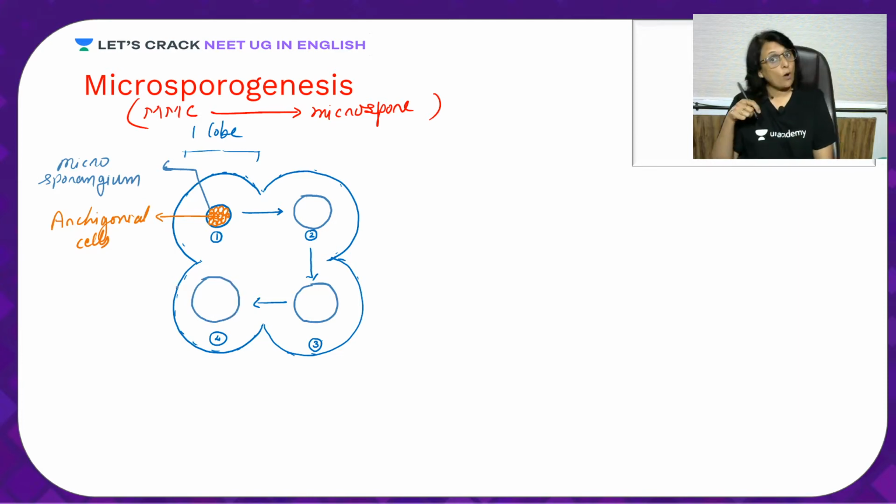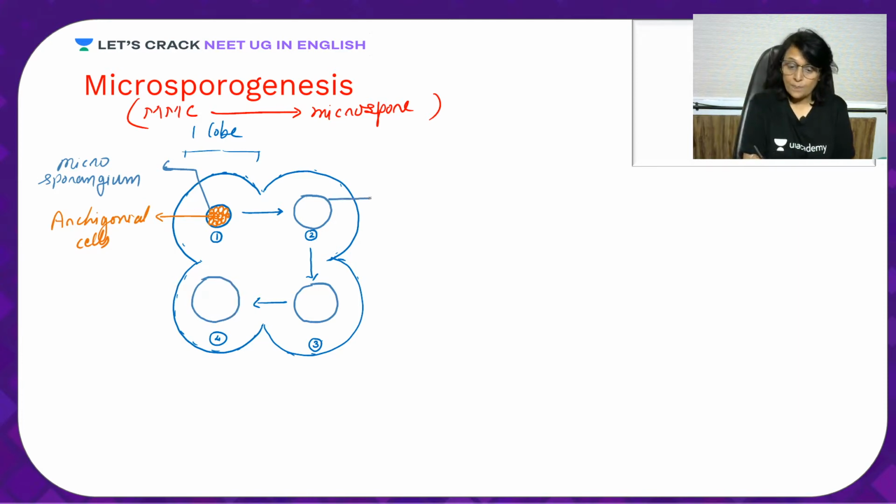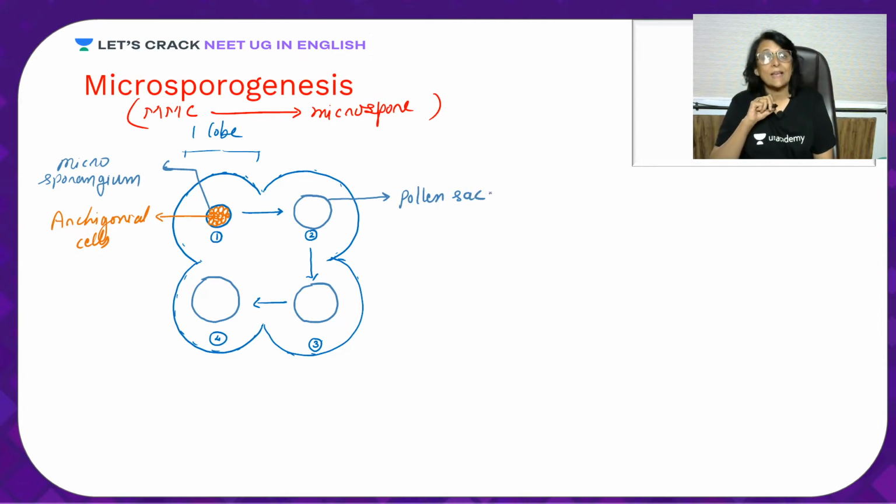So we will see all stages, and now we will start calling it pollen sac. So in a young anther, those sacs are known as microsporangium, but as the anther starts to mature, we start calling those sac-like structures pollen sacs.